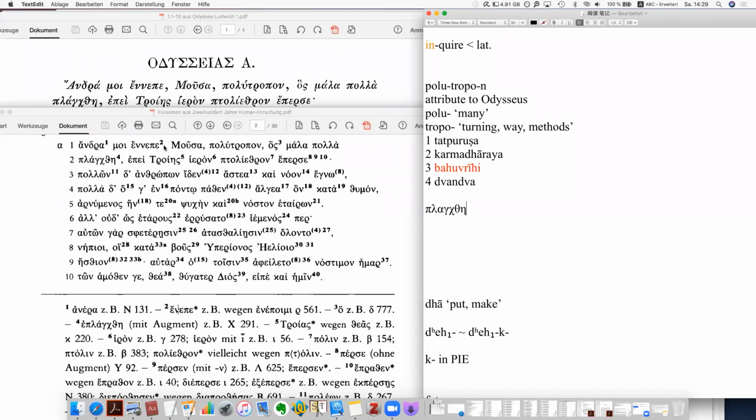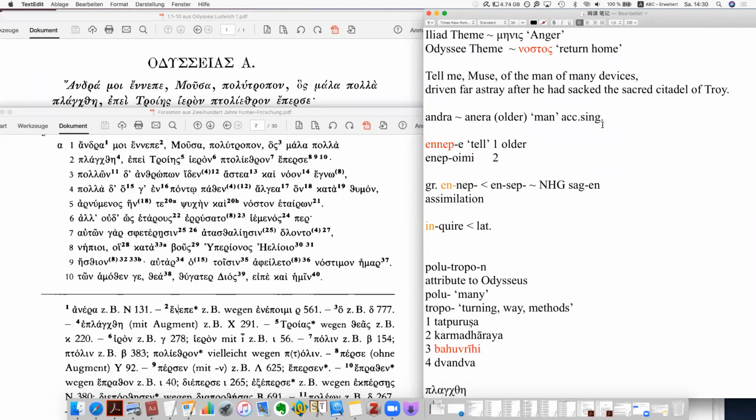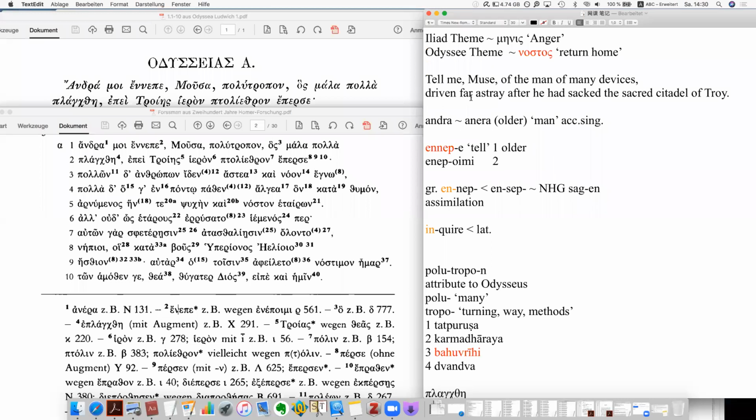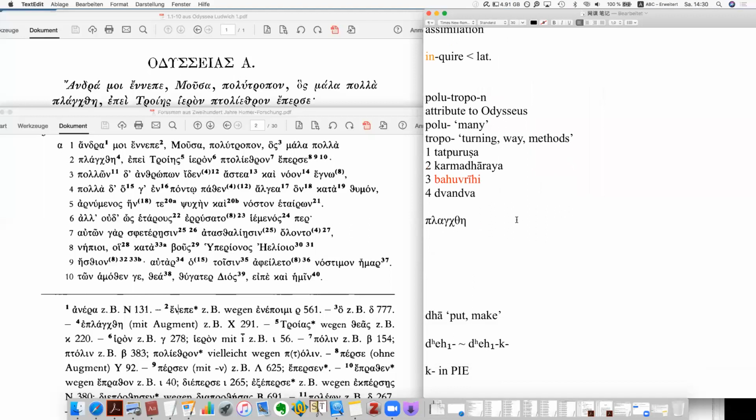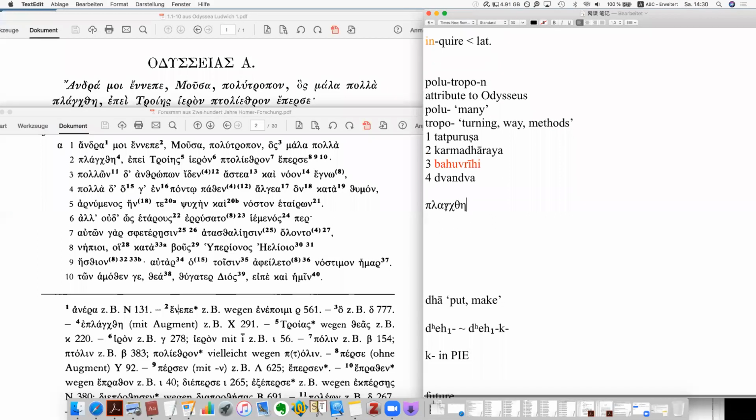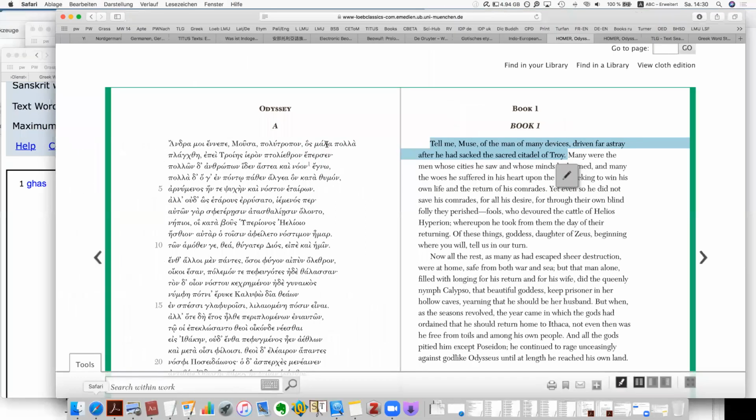Okay, so this word actually means he has suffered a lot, he's driven far astray. So it's just like this meaning. So probably we can check the dictionary. I actually forgot the original, wait a minute.